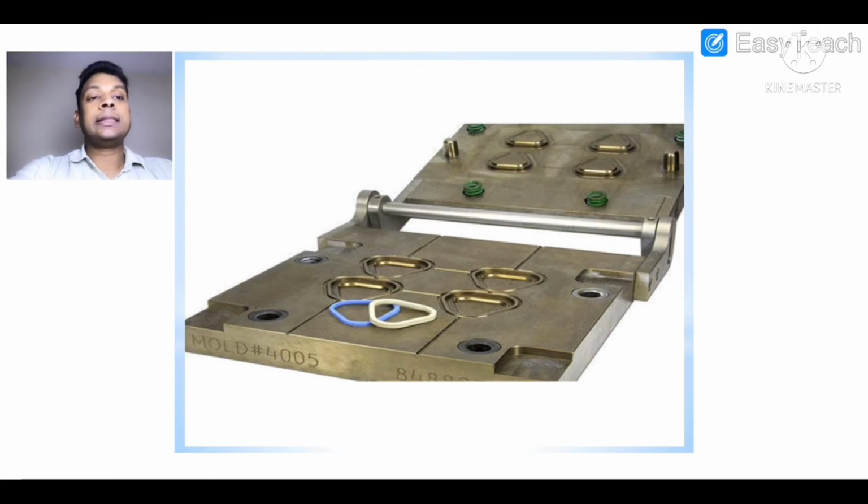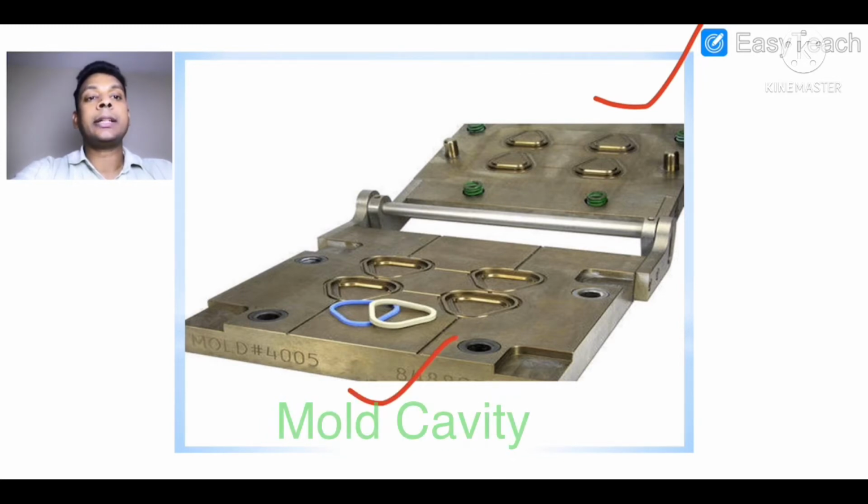You can see this is the mold. This is the upper plate and this is the bottom plate. This is the mold cavity, and this is the finished part after the molding process. So you can understand from this image which type of parts are required.